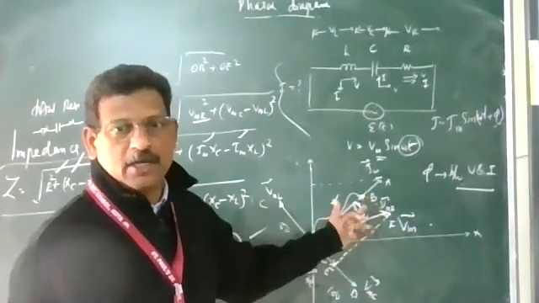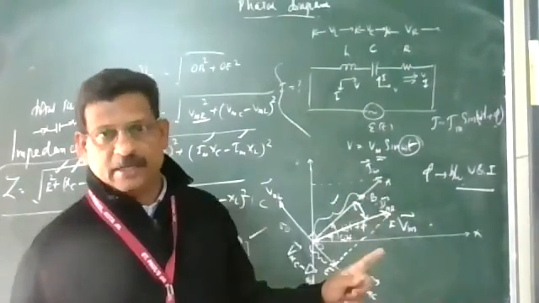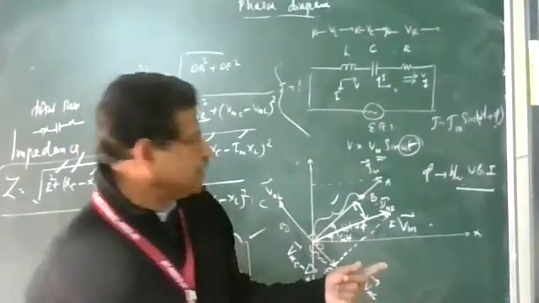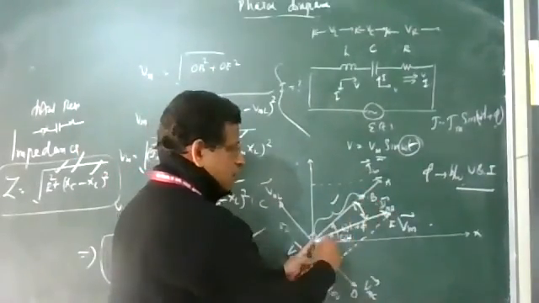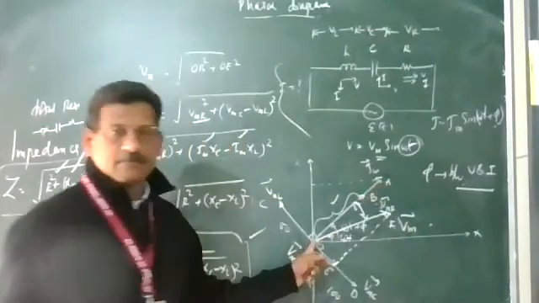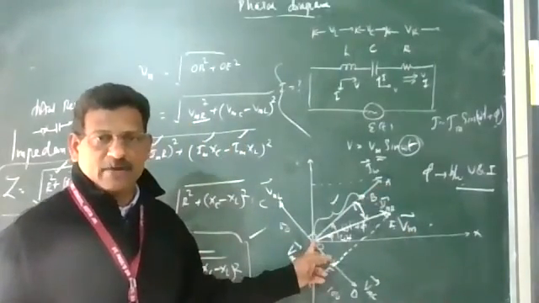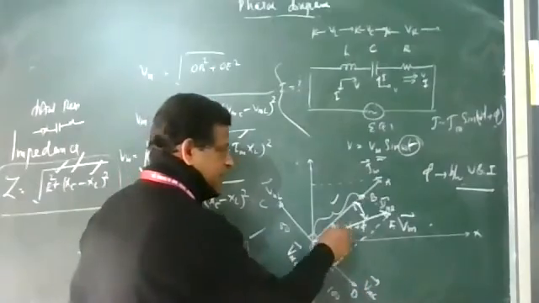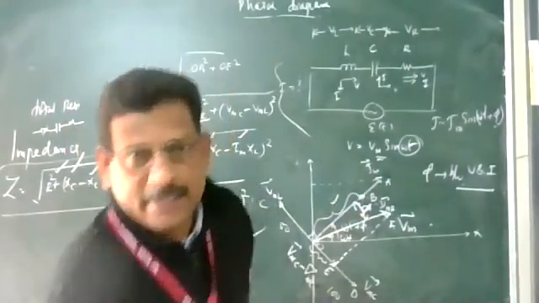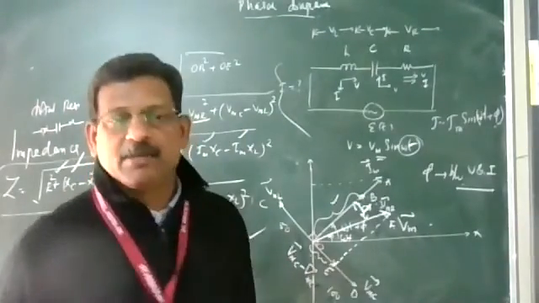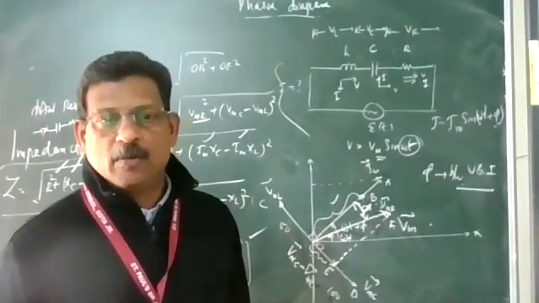So current is leading the voltage by an angle phi. What is the angle phi? This can be obtained from this right angle triangle OFB. Tan phi can be calculated. I am marking this angle here, which is angle phi. So current is leading in this case.